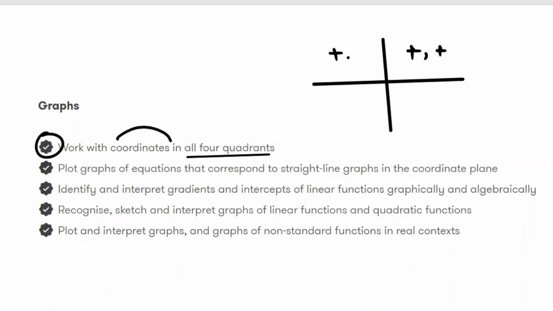Plus plus, plus minus, minus minus, minus plus. Is it so difficult? No. X comes first, and here X is negative.